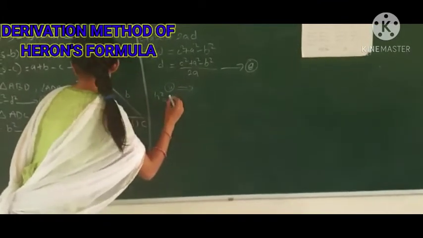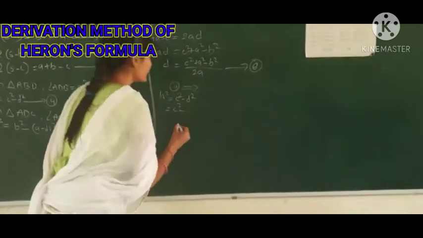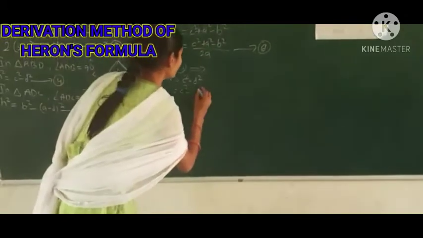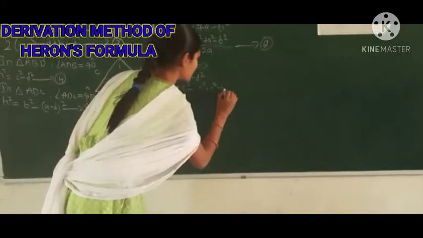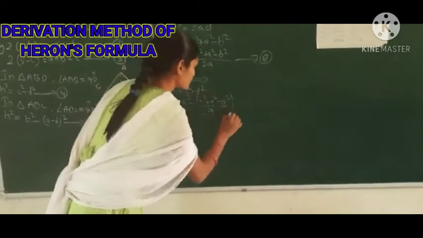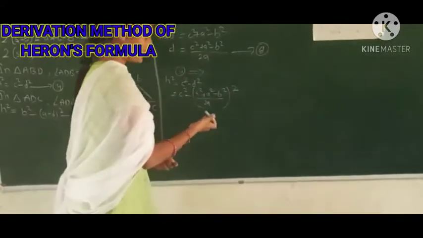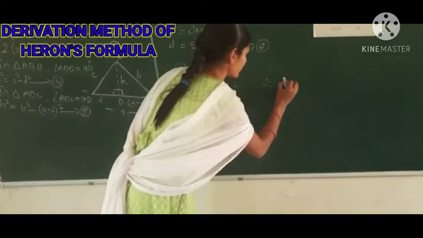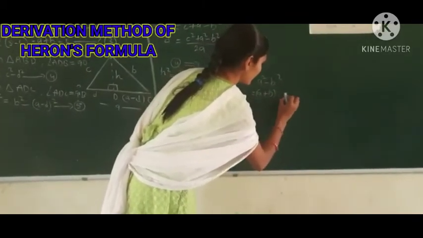c square minus d square. In the above we found the value of d. We substitute this value. We get c square minus ((a square plus c square minus b square) by 2a) whole square. We see that it is clearly of the form a square minus b square, which comes to (a plus b) and (a minus b).